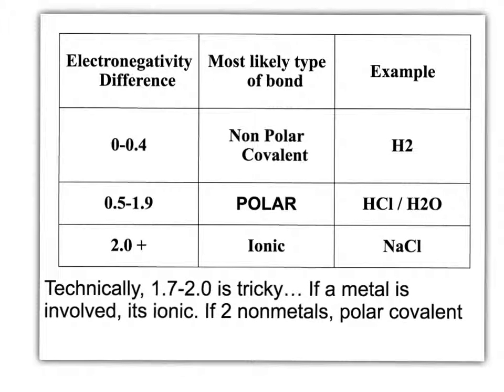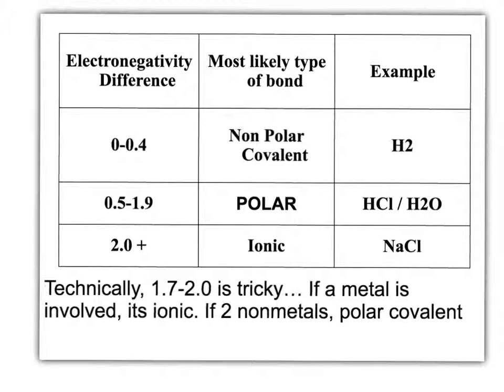So this table is meant to simplify it for you. If you were asked whether a bond was polar or non-polar, covalent, or ionic, you would look at the periodic table, look up the electronegativity of each atom, and then figure out the difference between them. In other words, subtract.